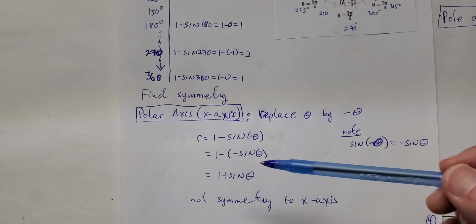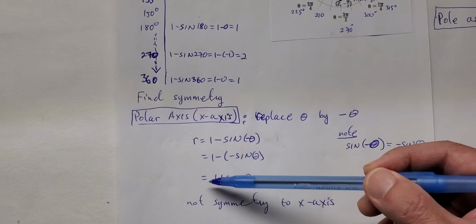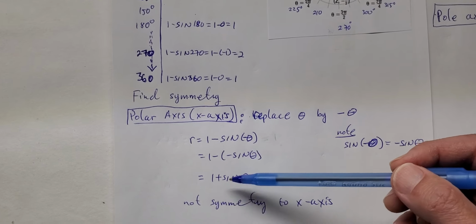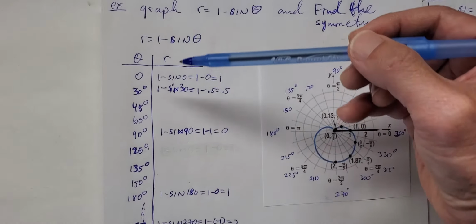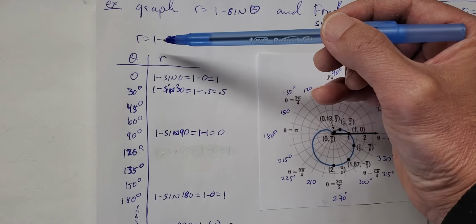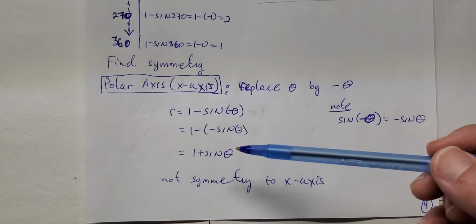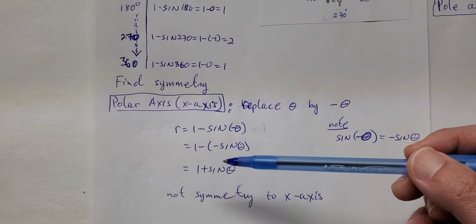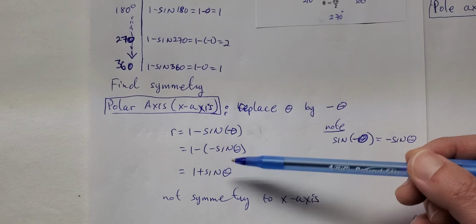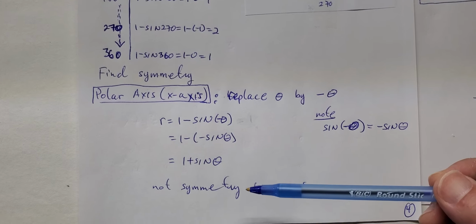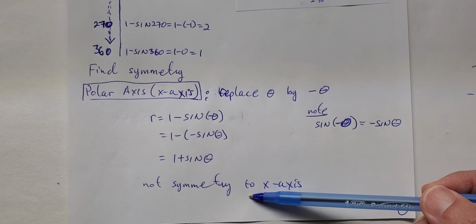So if you look very carefully, this right here where I am circling is not the same as the original, because the original was 1 minus sine theta. Here I have 1 plus sine theta. So if the original is not the same as our answer, it is not symmetric to the x-axis.